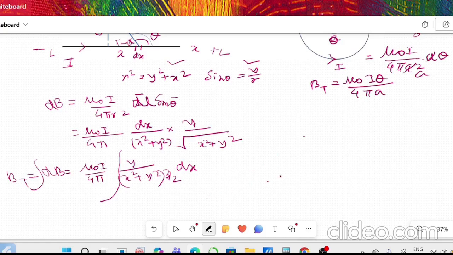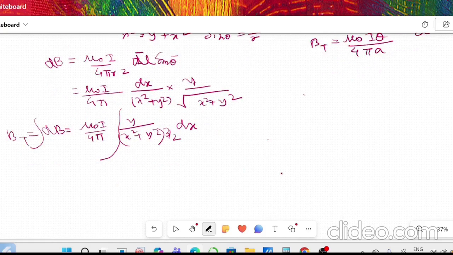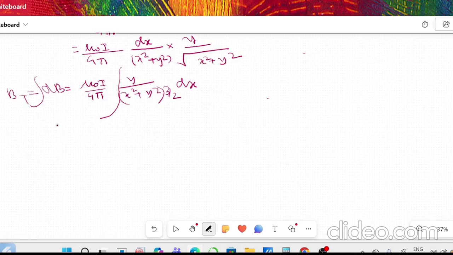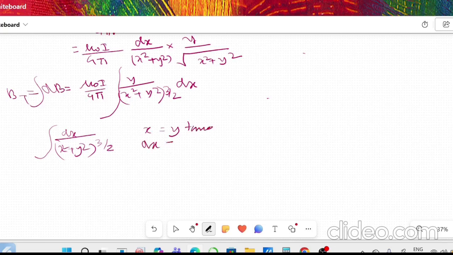Now we do the integration first. Suppose this is the integration: dx by x square plus y square to the power 3 by 2. Okay. Now take x equal to y tan theta. This will become very easy. And dx will be simply y sec square theta d theta.